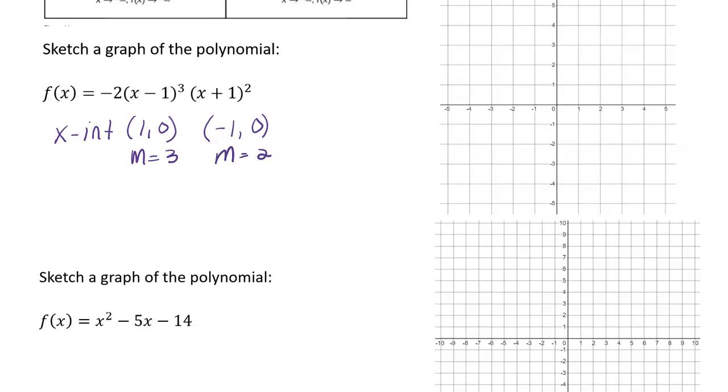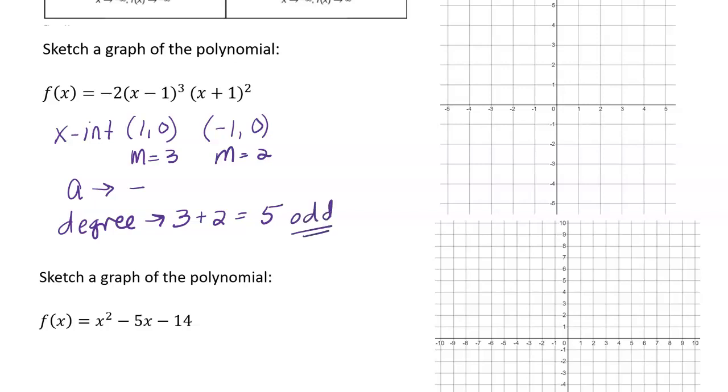And my a value is -2, and we don't really need to worry about the 2. Really what we're worried about is the fact that it's negative. And my degree, remember, add up those exponents. My degree is going to be 3 plus 2, which is 5. And that's an odd number.